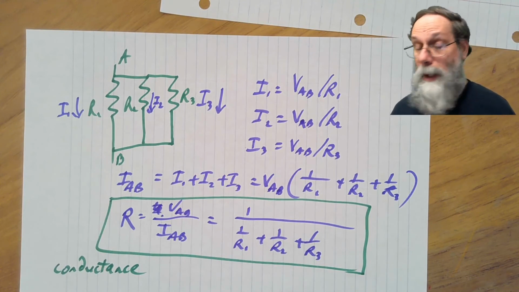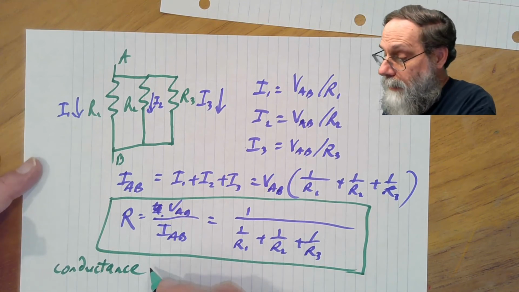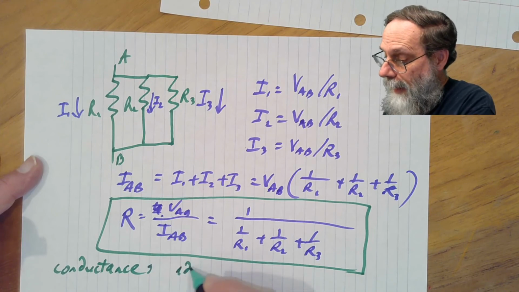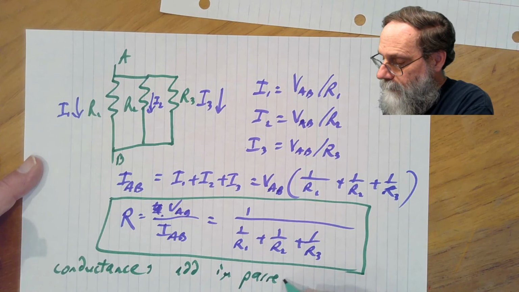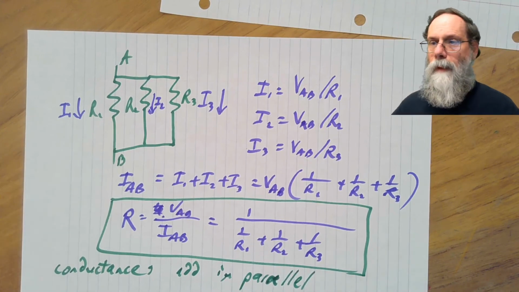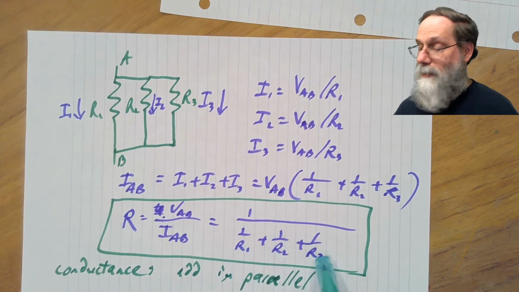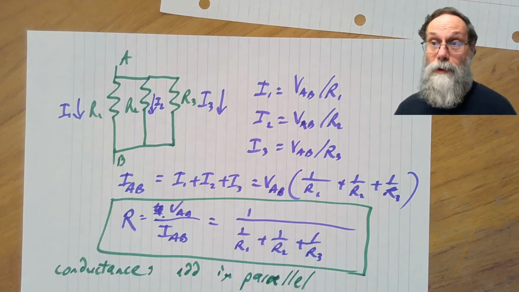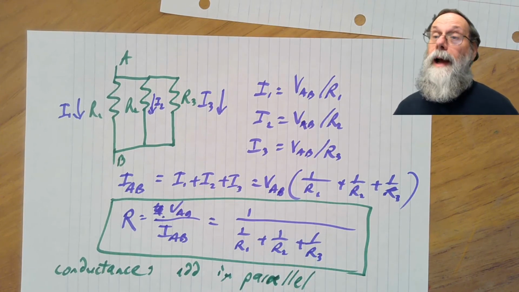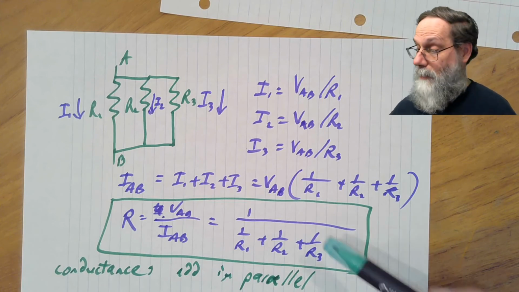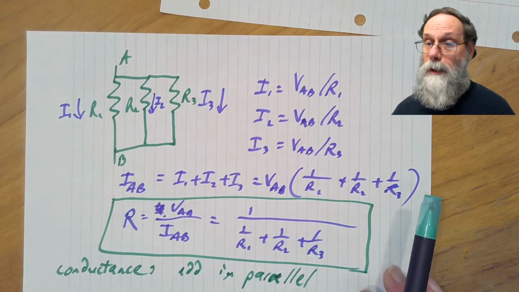So what we have here is that conductances add in parallel. So we add up the conductances, we end up with a new conductance, and inverting that to get a resistance gives us the standard formula.